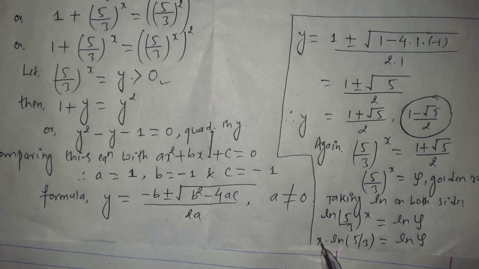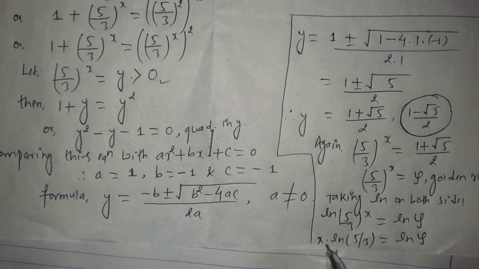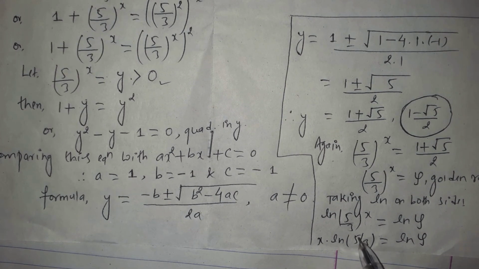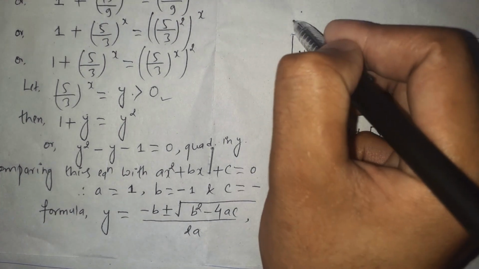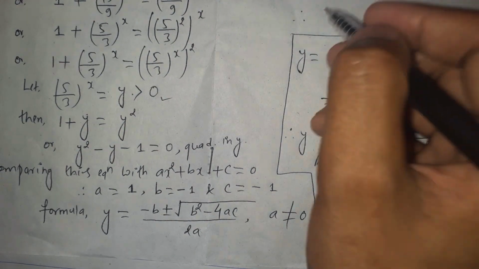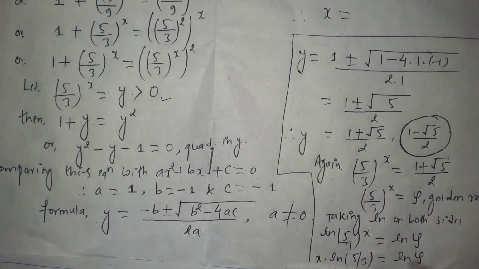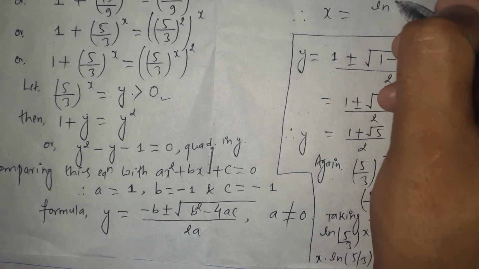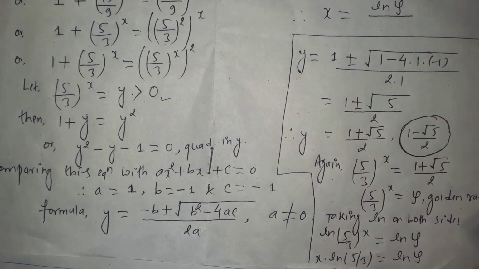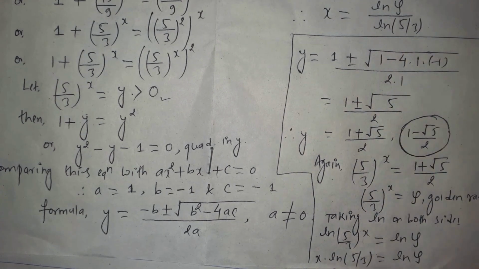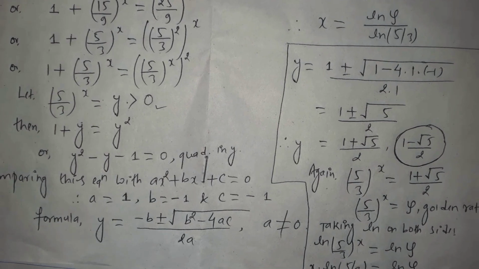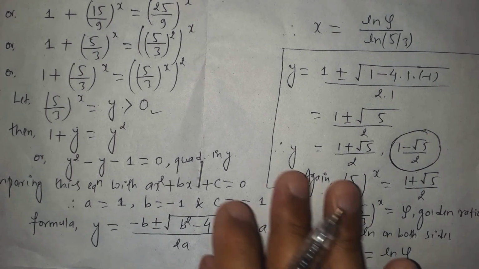Then from this step we can easily solve for x by transposing ln(5/3) to the right hand side. Therefore, x is equal to ln φ over ln(5/3). Here we calculate our target x.